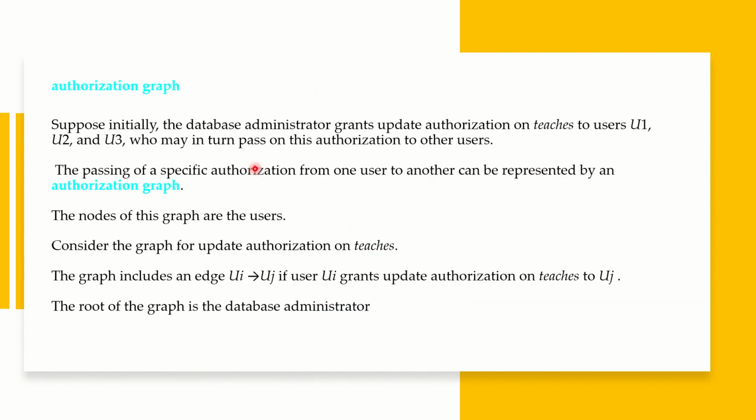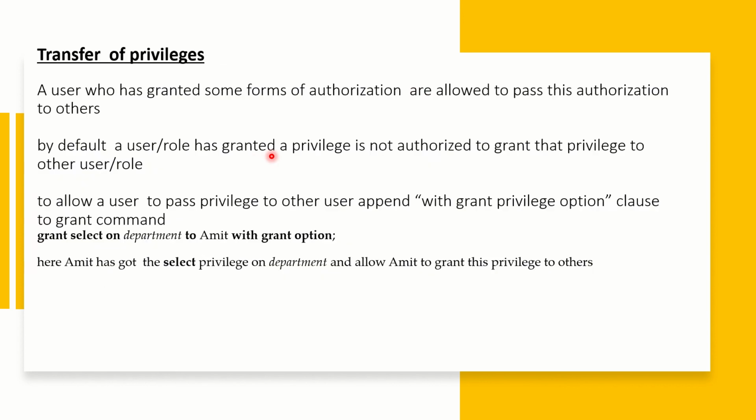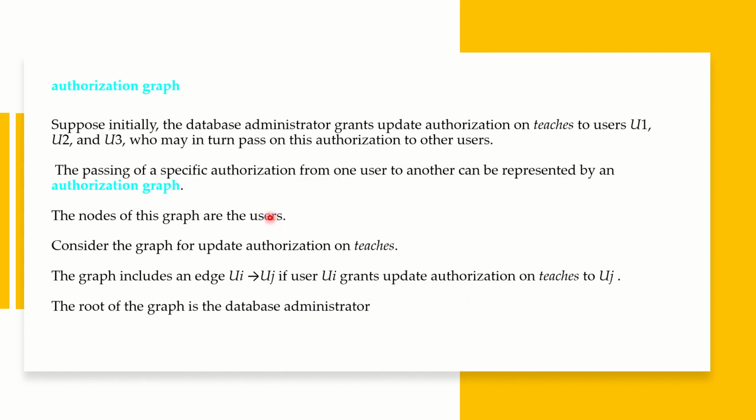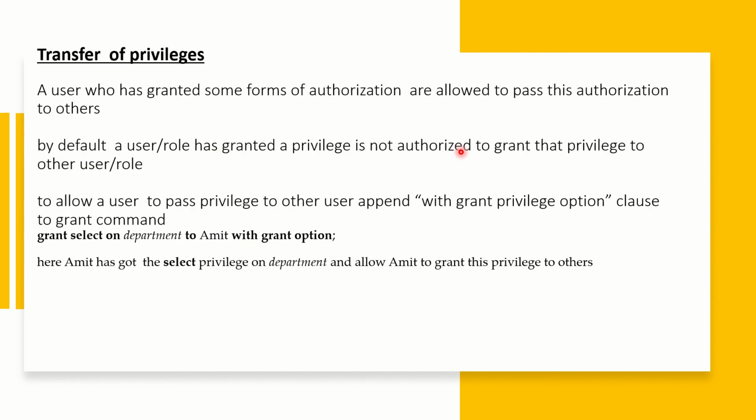So these are the main points. Initially the database administrator will grant the permission to certain users. Here U1, U2 and U3: you can see DBA has given his rights to U1, U2, U3, who may in turn pass on this authorization to other users.